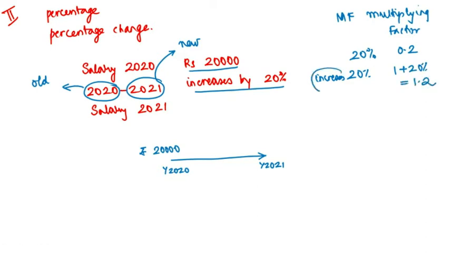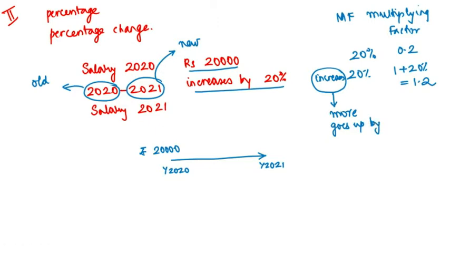Similarly, he need not use the word increase. He can say more. More means same as increase. So any word he uses, more, increase, goes up by, these are all same words. Then multiplying factor is 1.2.